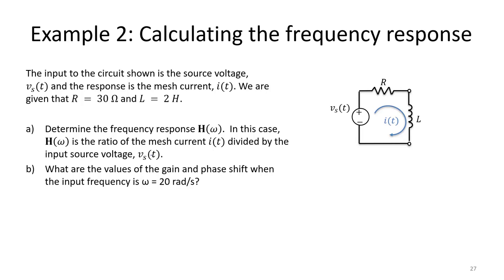Notice we are not given Vs of t, but let's go ahead and solve everything in terms of omega and Vs of t, and we'll see that we'll still be able to determine our frequency response. And then in the second part of the question, we will find the gain and phase shift if our input frequency is 20 radians per second.